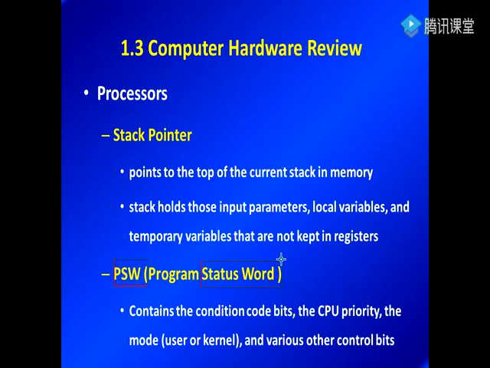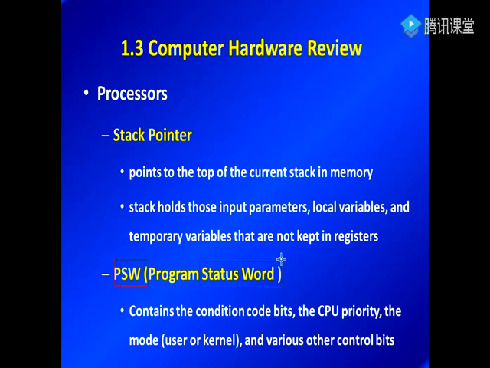The specific content of the PSW is up to the operating system, but the basic information such as the CPU priority, the mode of the CPU, whether it's user or kernel mode, and some other control bits are all included in the PSW for any operating system.